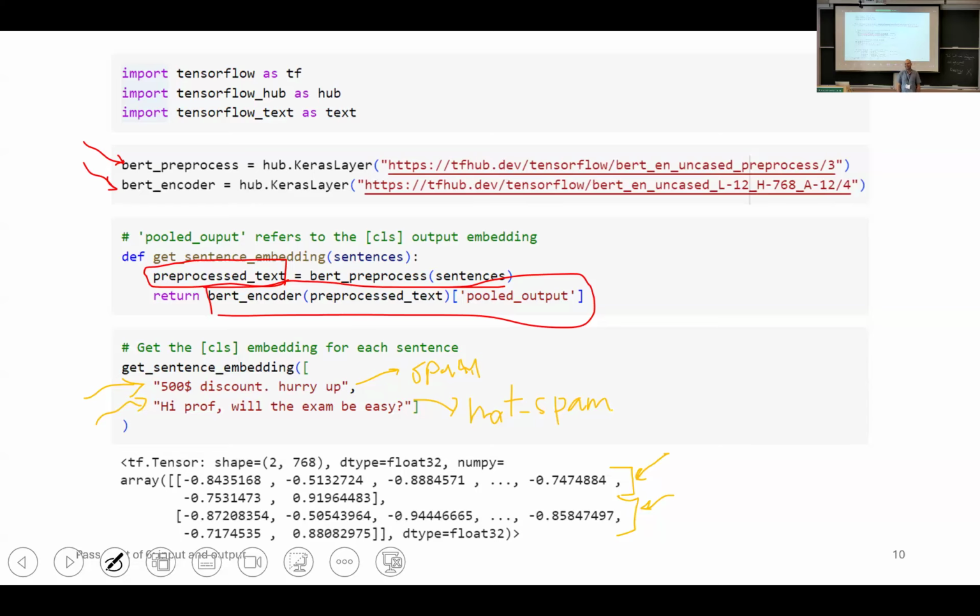Yes. Will we eventually see why we are choosing these vectors? Yeah, the whole point is that we are not choosing it. We rely on BERT to find the suitable vectors for us. And the suitable vectors is about separating the data.